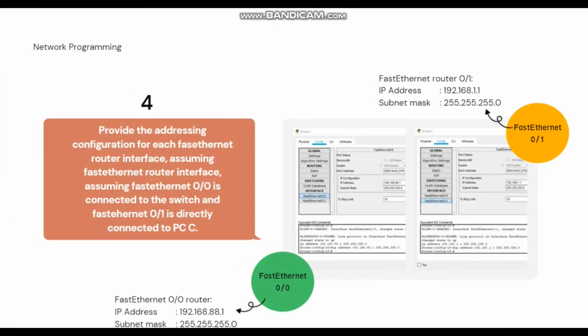And next, number 4. Provide the addressing configurations for each Fast Ethernet router interface, assuming Fast Ethernet 0 is connected to the switch and Fast Ethernet 1 is directly connected to PC-C.